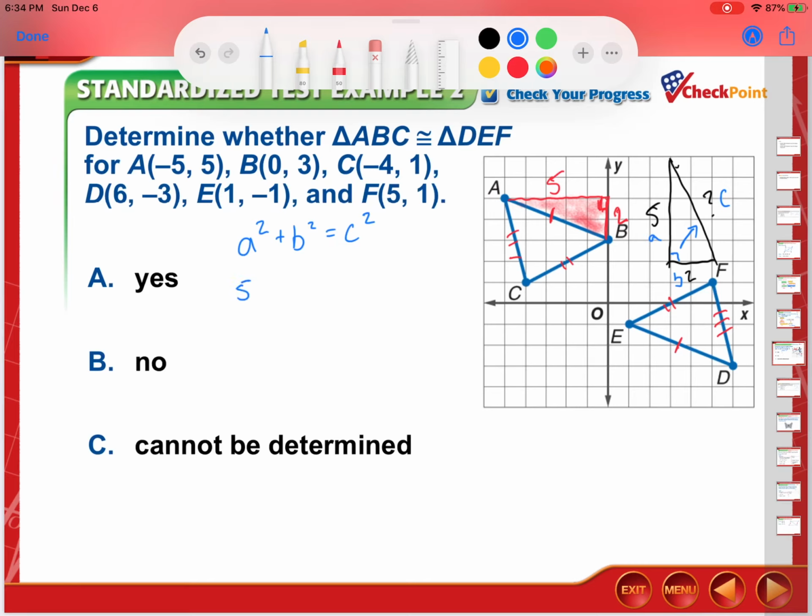So using these values and plugging them into the formula, a is 5, so 5 squared plus 2 squared is going to equal c squared. So we need to square both of these: 25 plus 4 is going to equal c squared, so 29 equals c squared.